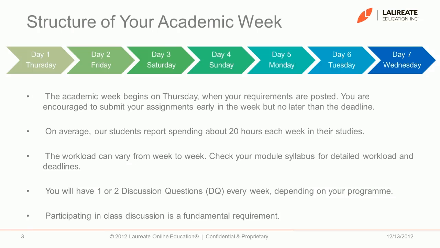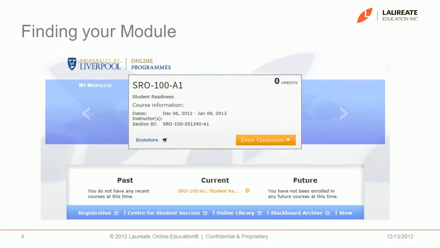So make sure that you're always looking for that information because you'll have that assignment due and we don't want you to miss it. Now, it may vary if you're in a doctoral program or different master's programs, so definitely keep that going and check. Now, most important that we'll be stressing is participation in class discussion is a fundamental requirement. Yes, it is, and we will show you in a little bit exactly what we mean by participation.